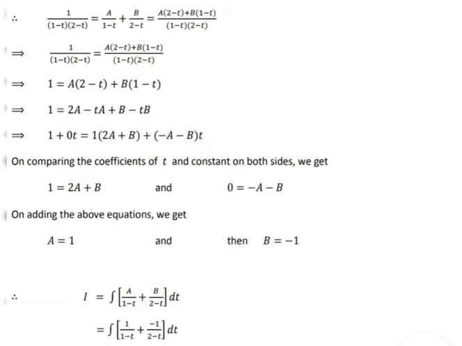So after we have done that, we will add the two partial fractions and then equate only the numerators because the denominators are already equal.